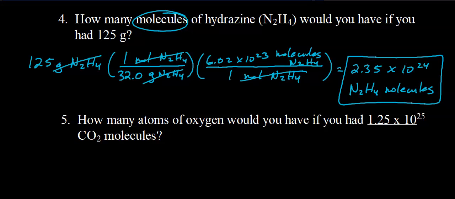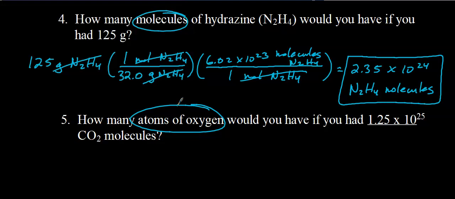All right, number 5, go ahead and give that a try on your own. How many atoms of oxygen would you have if you had 1.25 times 10 to the 25th CO2 molecules? It doesn't say that in your notes, so make sure you add that. 1.25 times 10 to the 25th carbon dioxide molecules.